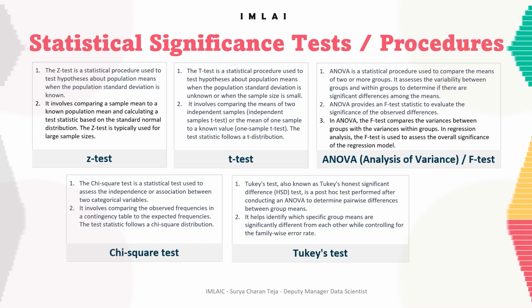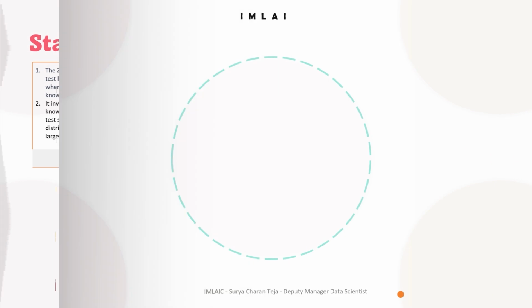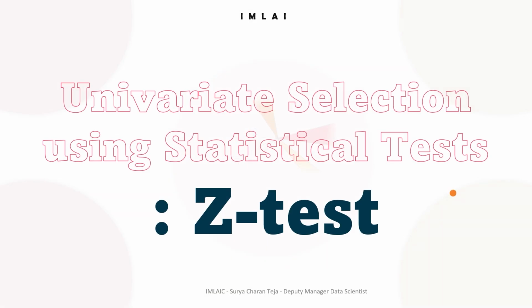So now let's begin with the Z test. Let's begin with the univariate selection. Under this, we will do a Z test. This is our first statistical test. We'll begin with the confidence interval. We will understand normal distribution, then standard normal distribution.